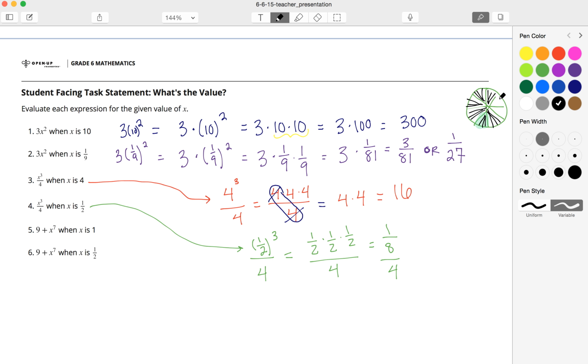This is a very messy picture, but you'll be able to count and see that you have 1, 2, 3, 4, 5, 6, 7, 8, 9, 10, 11, 12, 13, 14, 15, 16, 17, 18, 19, 20, 21, 22, 23, 24, 25, 26, 27, 28, 29, 30, 31, 32. Because if I have 8 pieces and I cut each of them into 4, that would give me 1 over 32.